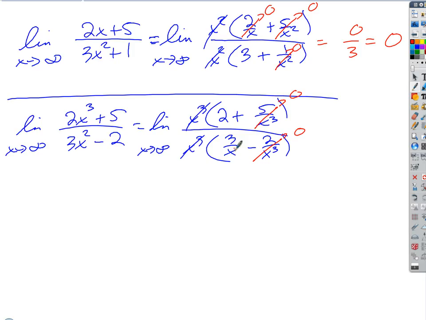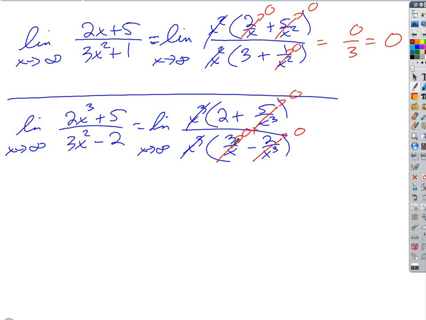Now, what kind of 0? Is it going to be a 0 plus or a 0 minus? Think about this. x is approaching positive infinity. Positive divided by positive is positive, so on the bottom we're going to get a 0 plus. This other term, who cares what it is, because it's so much smaller. This is the one that dominates.